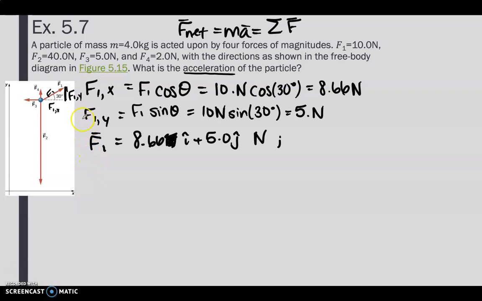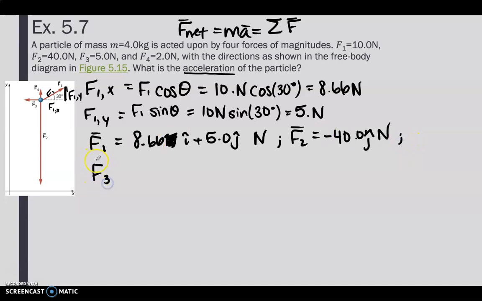Then I can go ahead and start with my other forces. So I'm going to go to F2, and it already told me the magnitude of it is 40 newtons, and this is in the y direction, so I'm going to say j hat, but it is pointing in the negative y direction, so I'm going to put a negative in front there. I insert that.